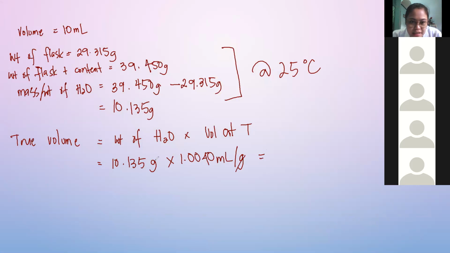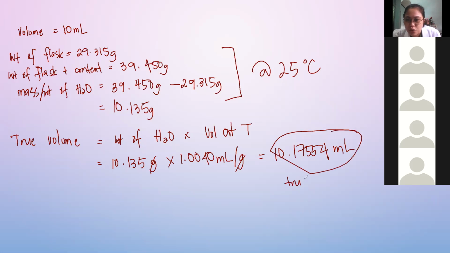So the grams cancel, class. The unit is ml per gram, and then you will get ml there. So 10.135 times 1.0040 is equal to 10.1755 ml.